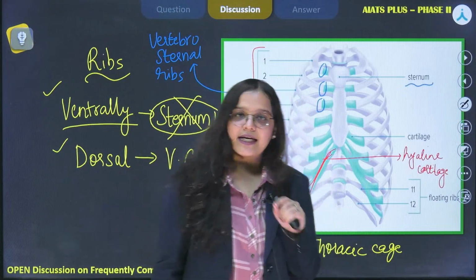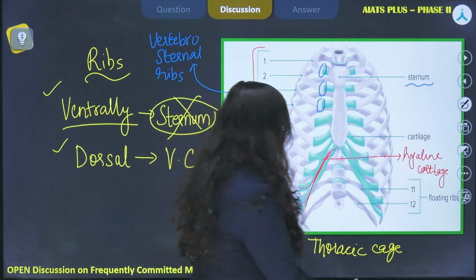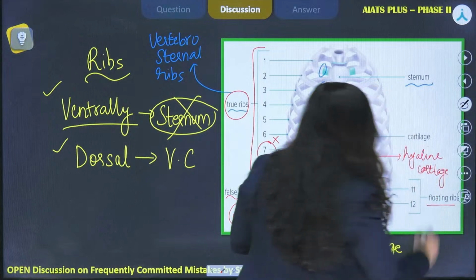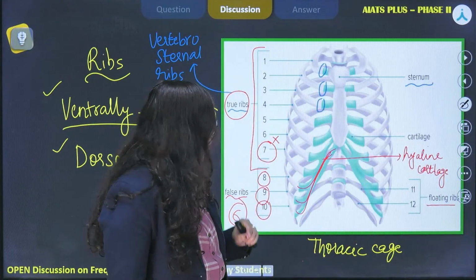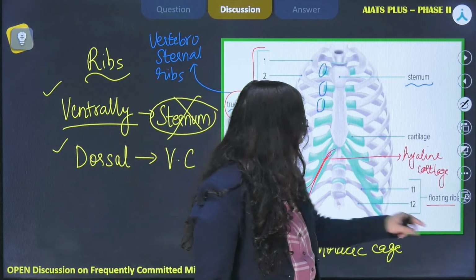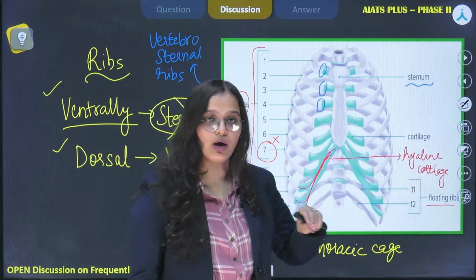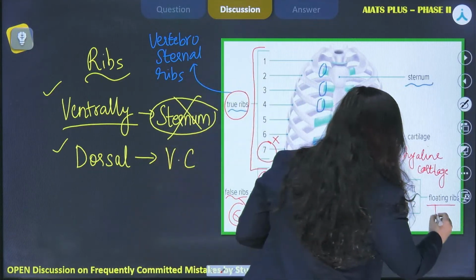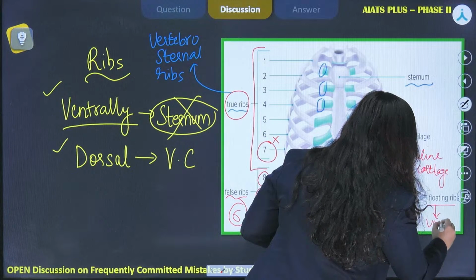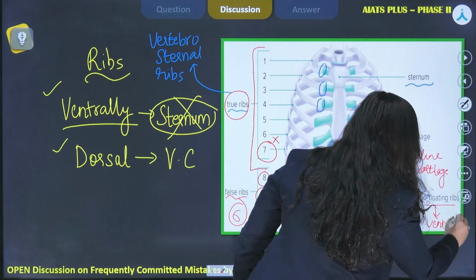Similarly, there is another labeling, and they are said to be the floating ribs. Floating ribs are classified as such because they are not attached ventrally to any structure.